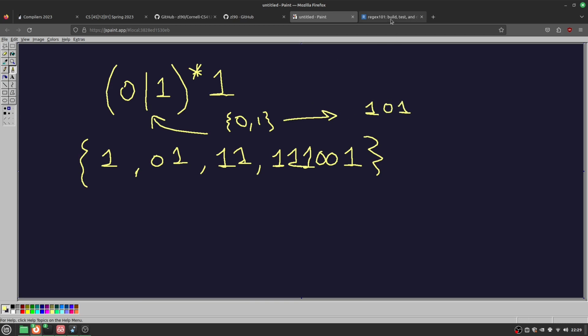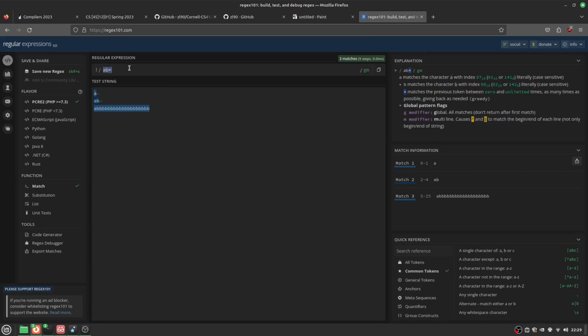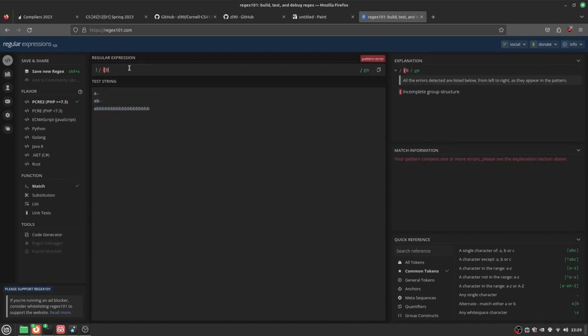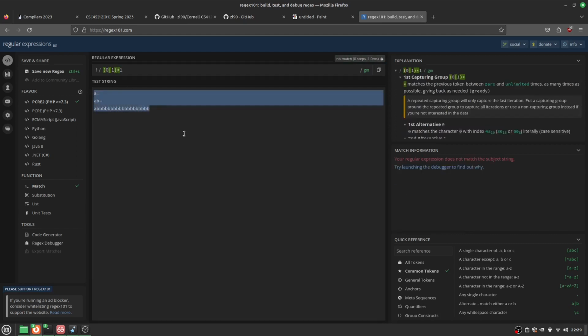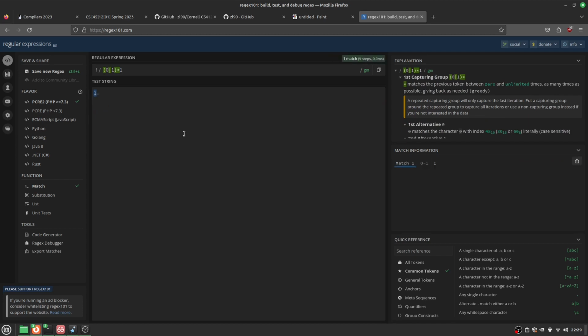I'm going to have to check this. So we know it has to at least equal 1. It shouldn't match the empty string. We know it can equal 0, 1. We know it can equal 1, 1.